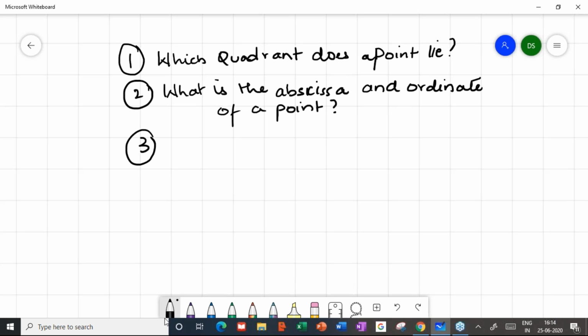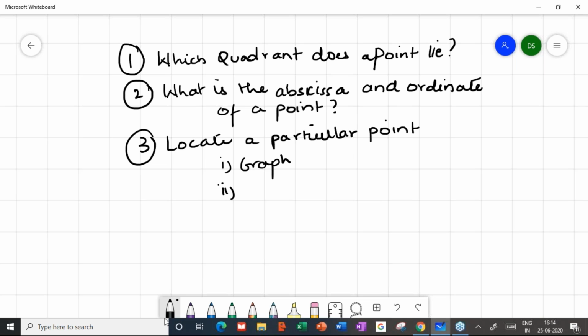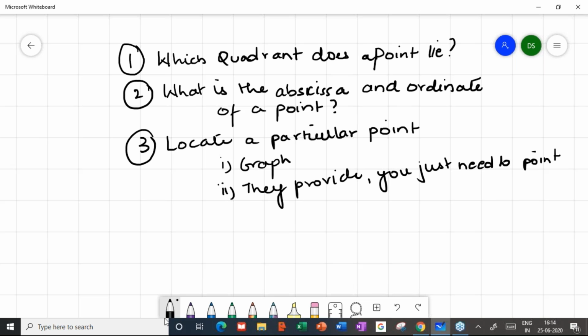They'll just locate a particular point, either on graph, or they'll provide a graph. You just have to point it. Right? Okay, and the last one you get is mirror image.